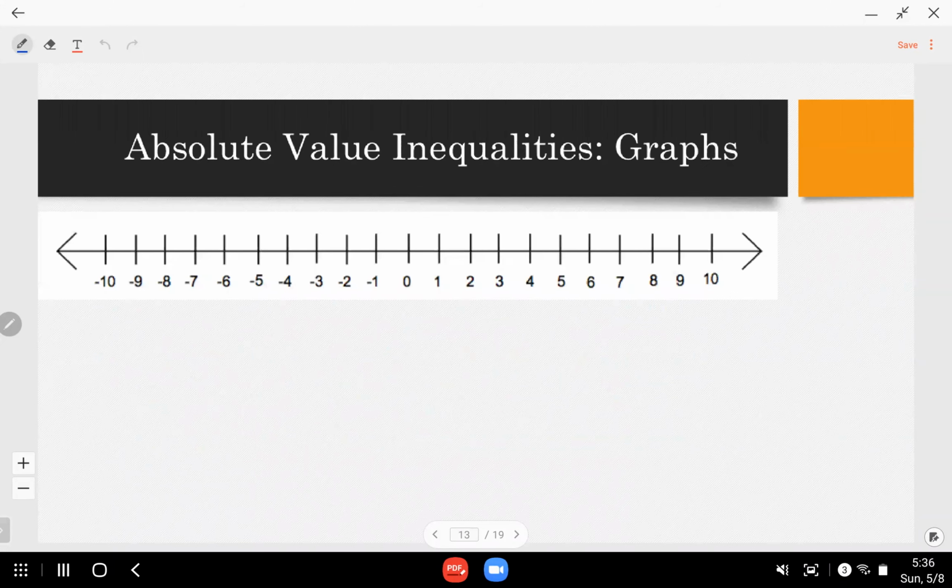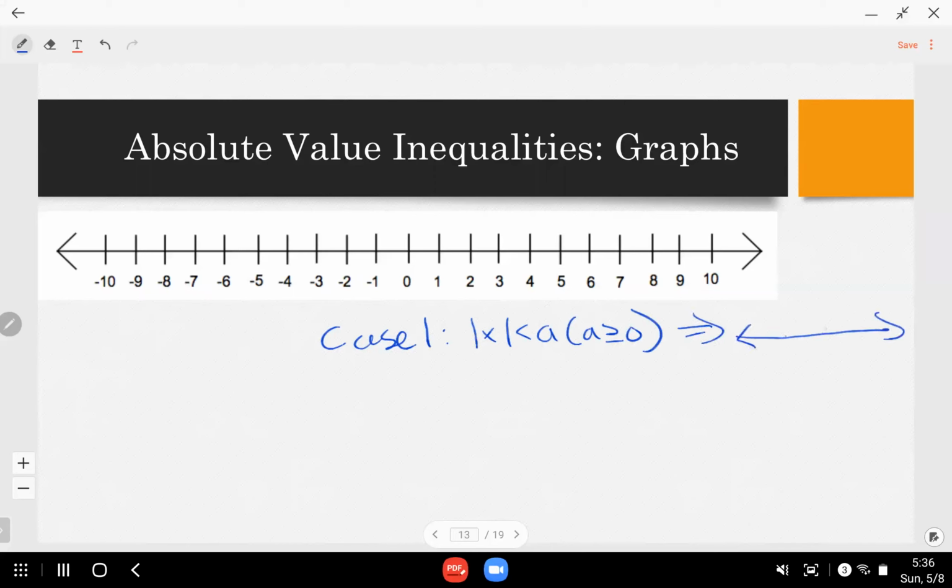So if you look at the absolute value inequalities, case 1 is going to turn into an and inequality, right? So it's going to be between 2 points again.